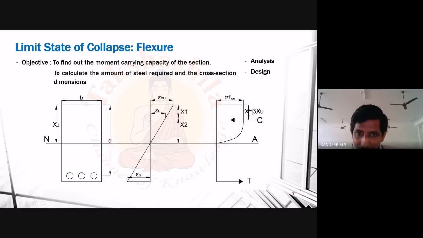As we increase the strain, the stress also increases, and up to a strain of 0.002 we have a parabolic variation. That is what is marked here. After 0.002, we have a straight line portion for our stress up to a maximum strain value of 0.0035.